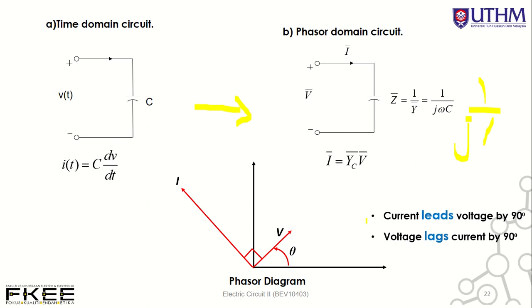From this circuit we can write I equal to YC times V. Then we can draw the phasor diagram V and I. So we can conclude that current leads voltage by 90 degrees and voltage lags current by 90 degrees.